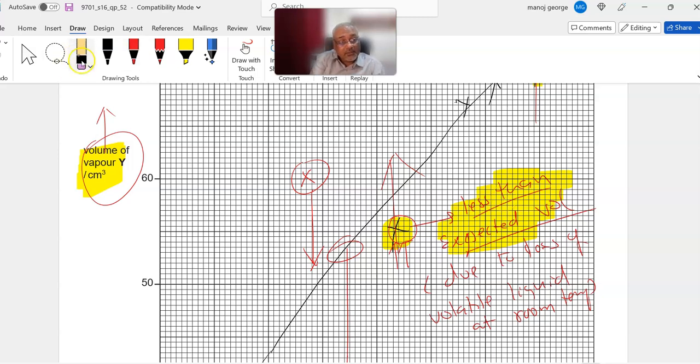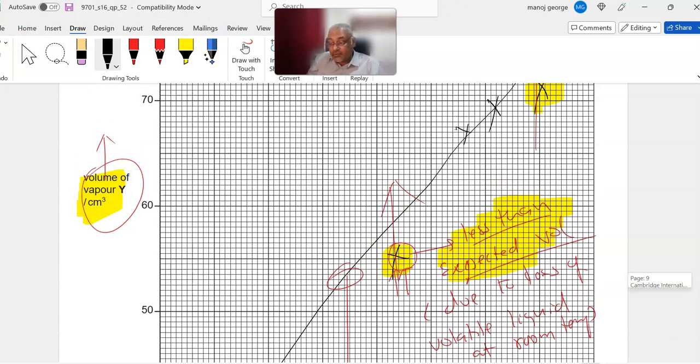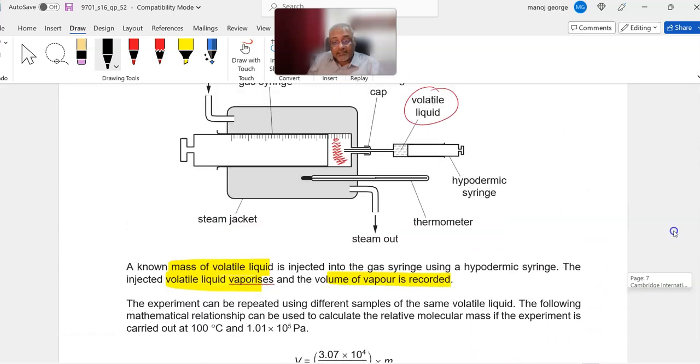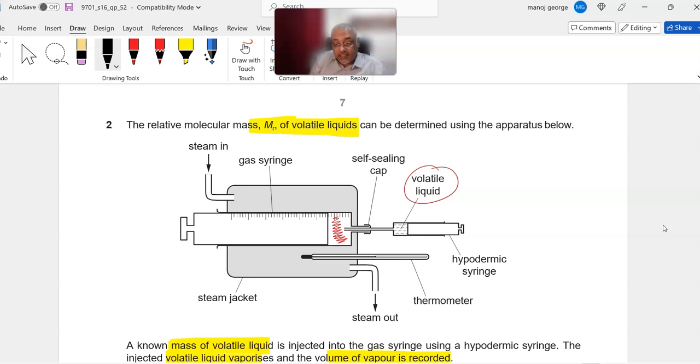Remember, you're dealing with a volatile liquid. When you transfer the volatile liquid from the small syringe to the big syringe, there's a possibility of some tiny amount of liquid escaping. This usually happens when you expose the syringe and you're trying to insert it into the big one. Let me show you what I'm talking about. When you insert the hypodermic syringe here, for a moment the syringe tip is exposed.